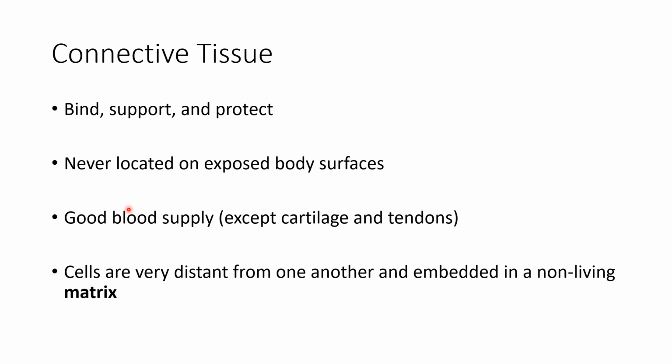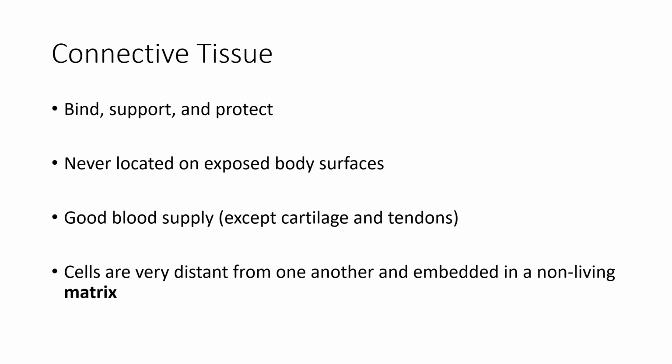It tends to have a really good blood supply. Epithelial tissue does not, which is why things like your skin, the further those layers get from the connective tissue, the deader they get. An exception here is going to be cartilage and tendon, and we'll talk more about those as we get to them.